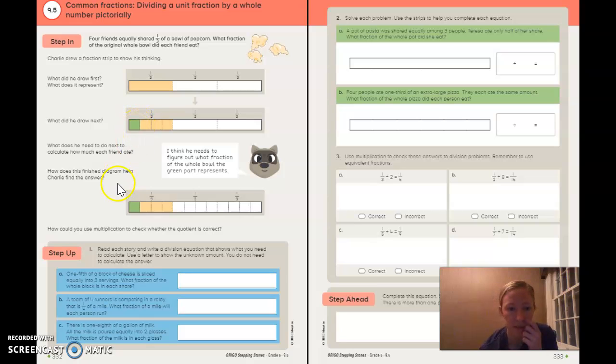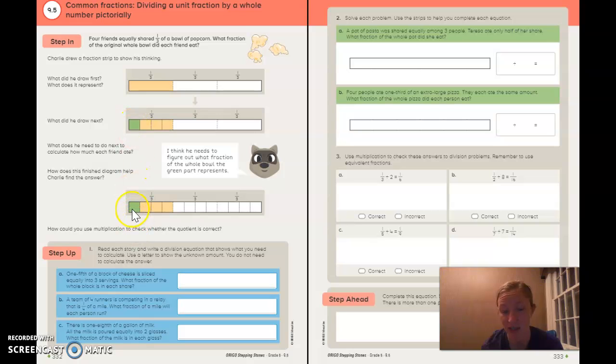So how does this finished diagram help Charlie find the answer? Well, Charlie went through and divided up the rest of the portions into 4 different pieces too. So now I can figure out how much this green piece is worth. If I had just left it like this and didn't cut this one also into fourths, it would have been hard to figure out how much that piece was worth.